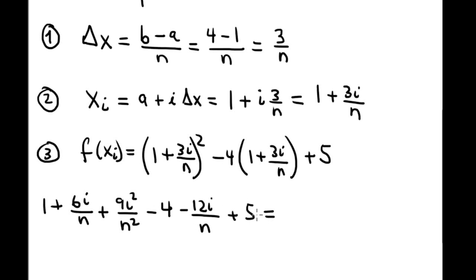And we combine later, so we have 9i squared over n squared stays, and minus 12 and positive 6 is minus 6i over n, plus... no, plus 2, because 1 minus 4 is negative 3, and negative 3 plus 5 is plus 2.